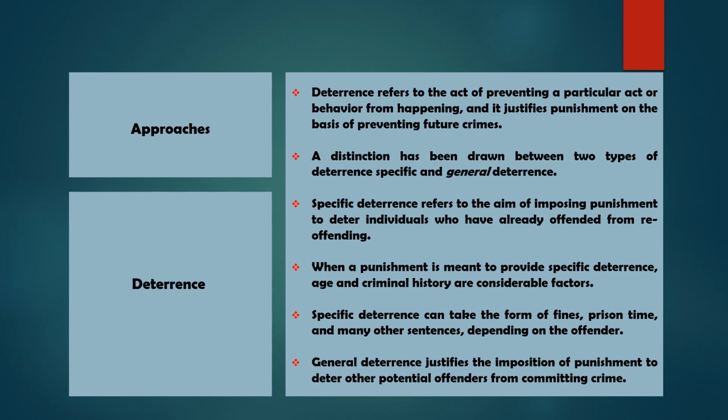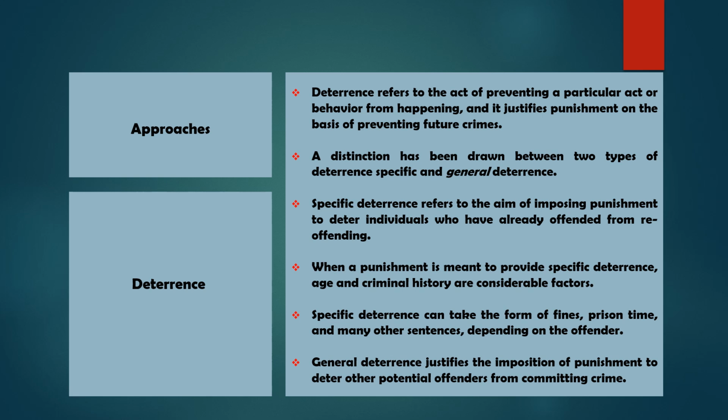Individuals that are still young may not be committed to serious deterrence as a form of punishment. Again, if you have a bad history of committing crime, there is a possibility that that particular person might be committed to jail for a long time. Specific deterrence can take several forms, including fines, prison time, and many other sentences, depending on the offender and the crime that has been committed.